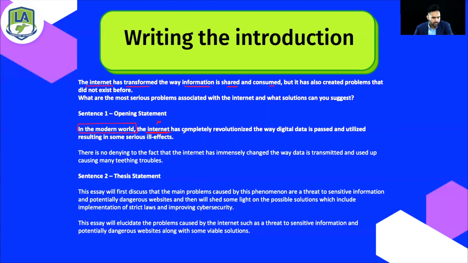Has completely revolutionized, transformed the way digital data, information is passed, shared, consumed, utilized, resulting in some serious ill effects. So that's the first sentence, using the template and paraphrasing the statement.